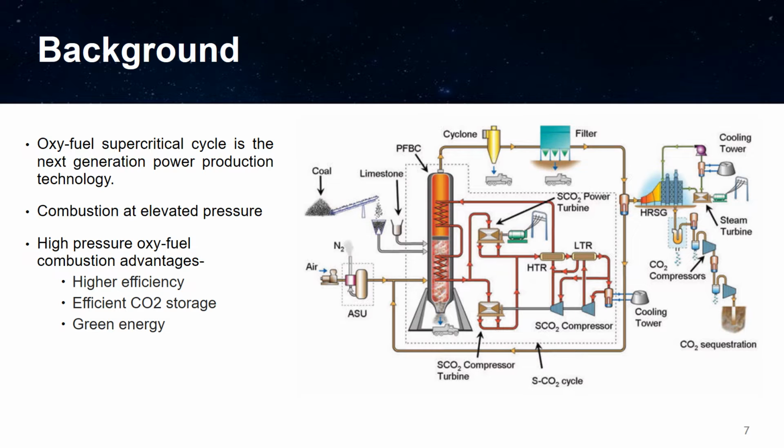But when you're looking into the oxy-fuel supercritical cycle, because you're increasing the CO2 pressure and the film pressure, you end up increasing the efficiency as well. So that's basically good for us. We can get green energy as well as higher efficiency output, so a lower cost of electricity.